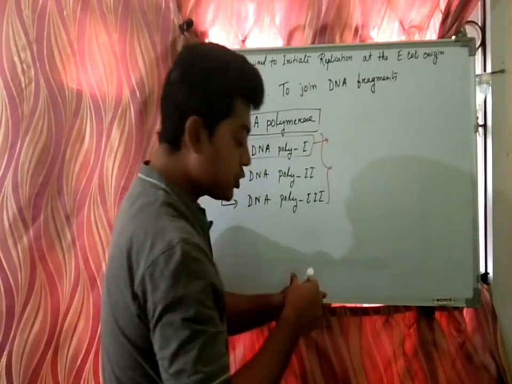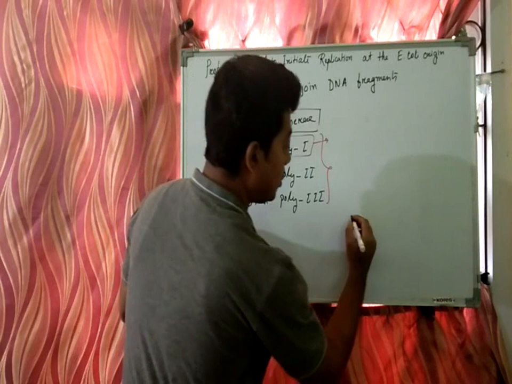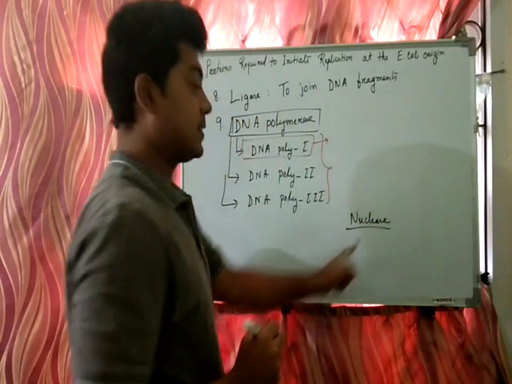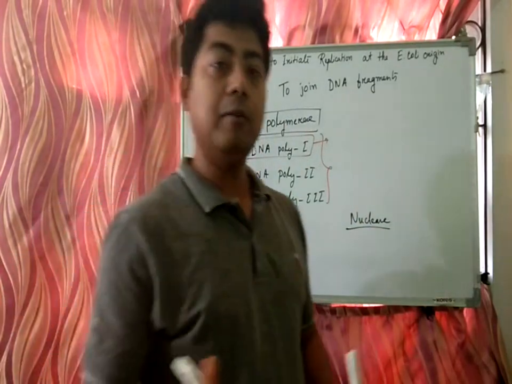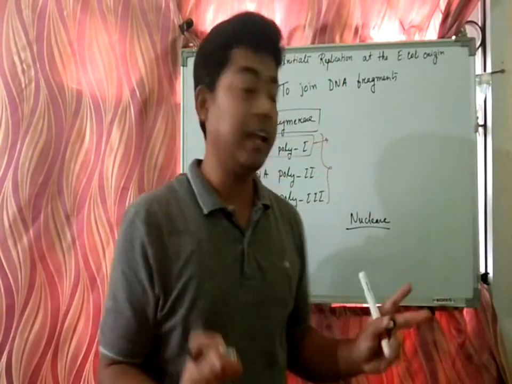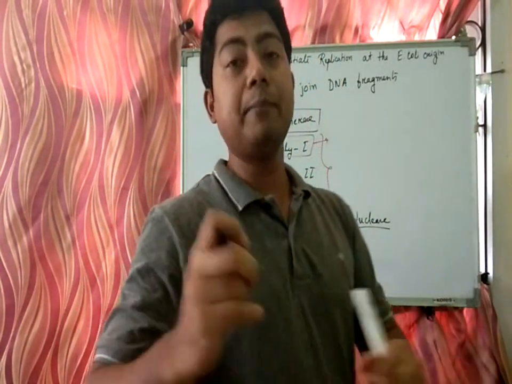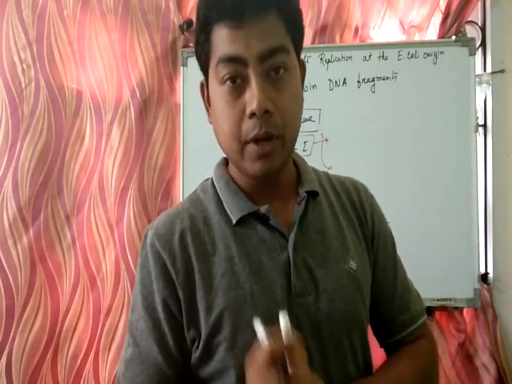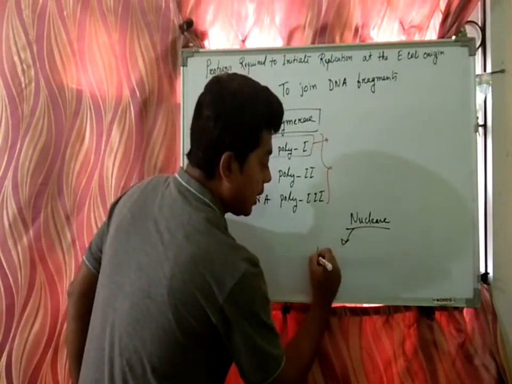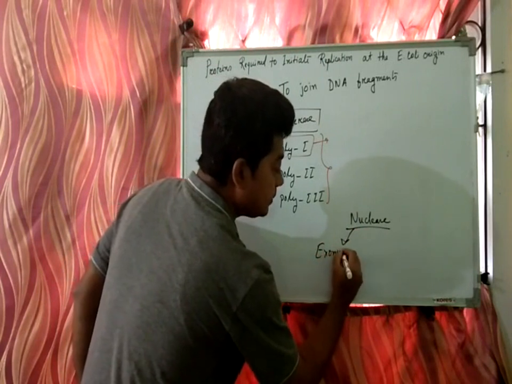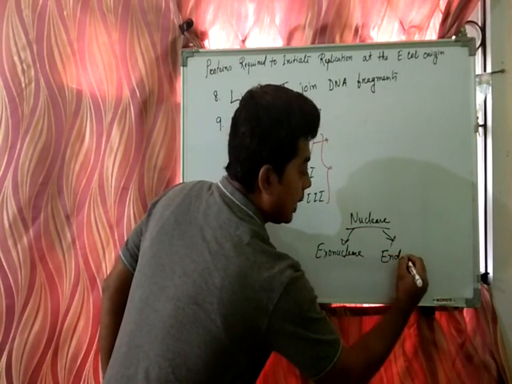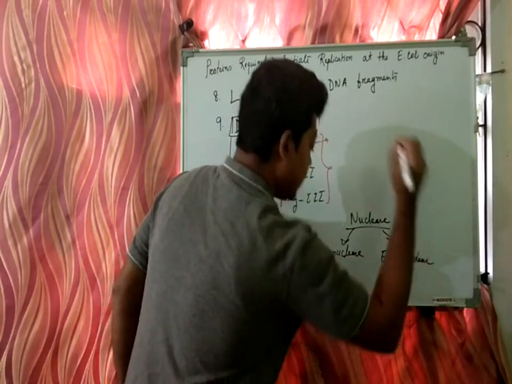So what is exonuclease activity? What is nuclease? Normally when a word ends with -ase, it denotes an enzyme. So nuclease is an enzyme which can break nucleic acids. Nuclease can be of two types: one is called exonuclease, another is called endonuclease.